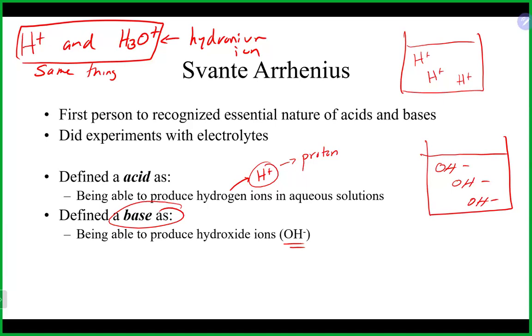As you could probably imagine, if you have more H plus floating around in the solution, it's going to be acidic most likely. If you have more OH minus ions floating around freely, it's going to be more basic. And neutral will pretty much mean you've got about the same amount of those ions. H plus and OH minus will give you basically a neutral solution.